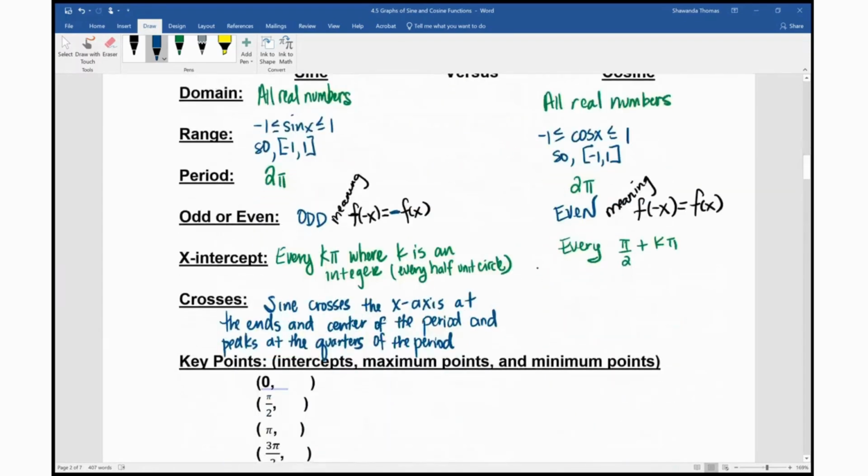So let's write that down. Cosine crosses the x-axis at the quarters of the period and peaks at the ends and center.